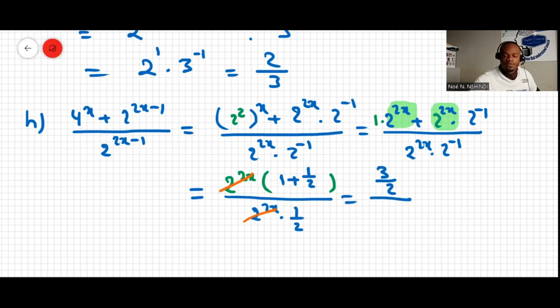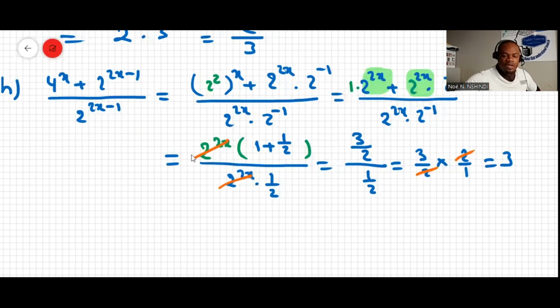And then a half is there. And then this will be 3 over 2 multiplied by 2 over 1. Okay. And then we can simplify that, and then the answer is just 3. The answer is just 3. Okay. And we can also do question I.